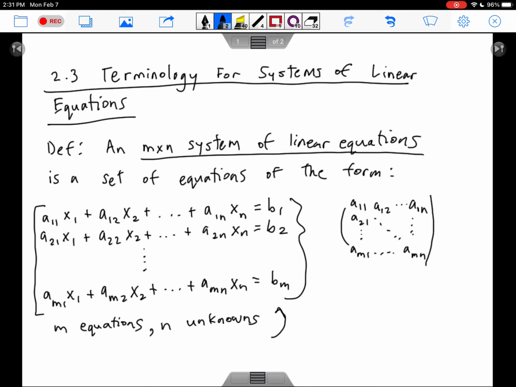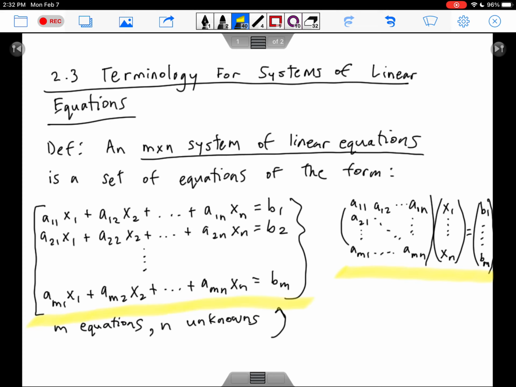And so we can write that entire system on the left as a matrix times a column n vector. So this is going to be x1 all the way down to xn, and that's going to equal a column m vector of the b's. That makes sense, right? We've got an m by n times an n by 1. That's going to give you an m by 1.